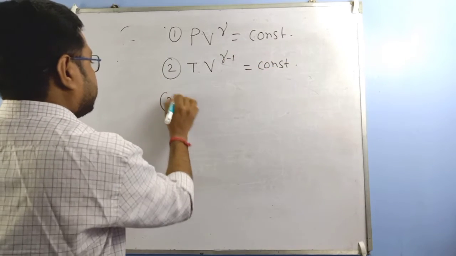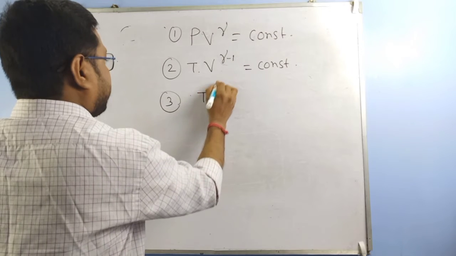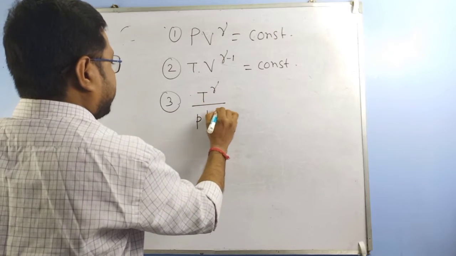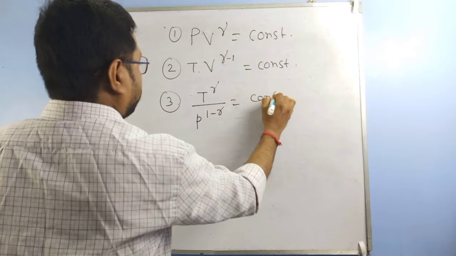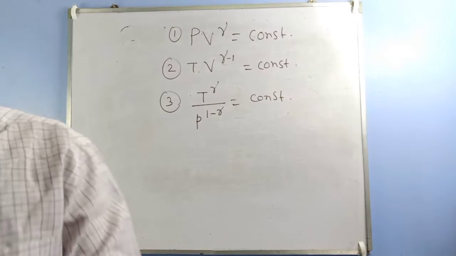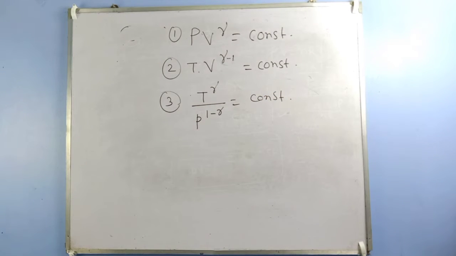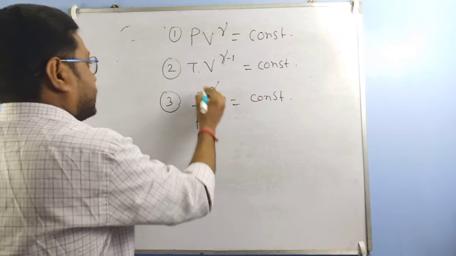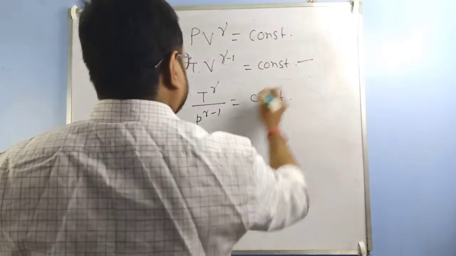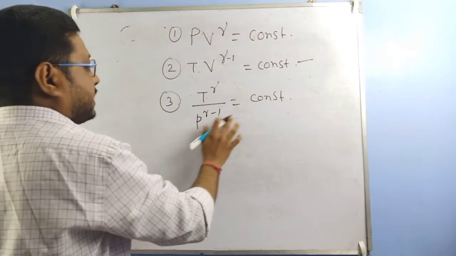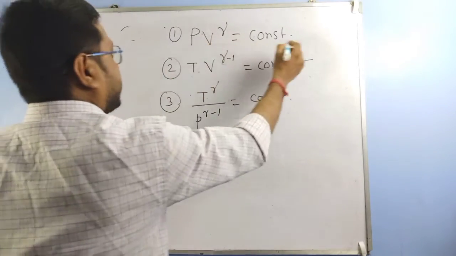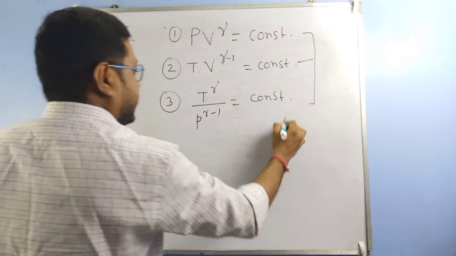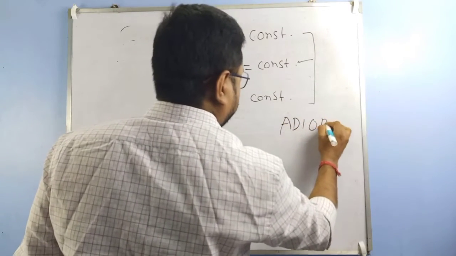And the third is T to the power gamma by P to the power gamma minus 1 equal to constant. So T V to the power gamma minus 1 equal to constant, T to the power gamma by P to the power gamma minus 1 equal to constant, and P V to the power gamma equal to constant. These three are the basic adiabatic relations.